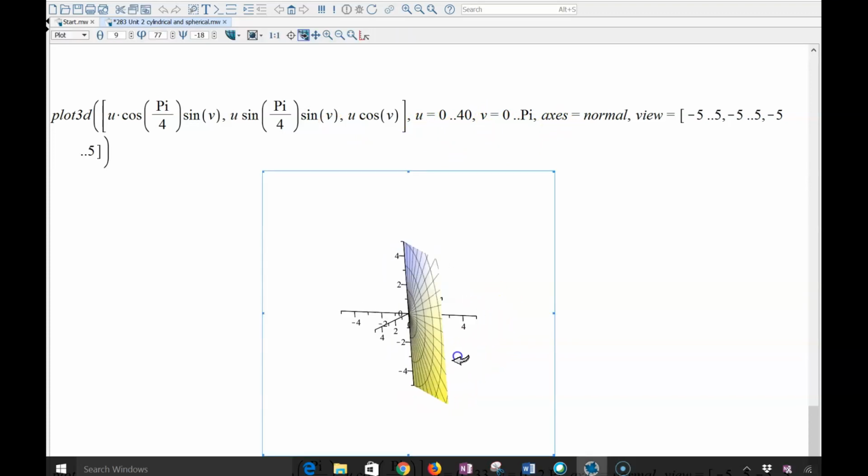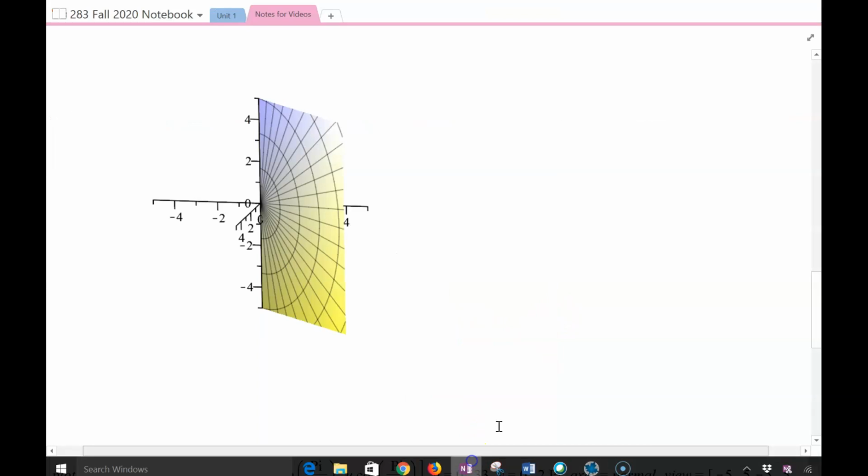It's the same as it was in cylindrical. It's a half plane coming off the z-axis. What's different is, and I want to emphasize this in OneNote to be able to draw on it a little bit, what are we doing here? We're first thinking about, all right, theta is fixed at pi over 4. Now, let's suppose we fix phi to be this angle here. Now phi is fixed at that angle. Rho can be any distance along that angle out from the origin.